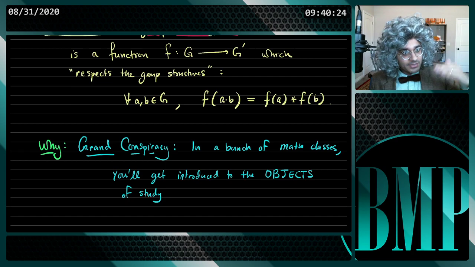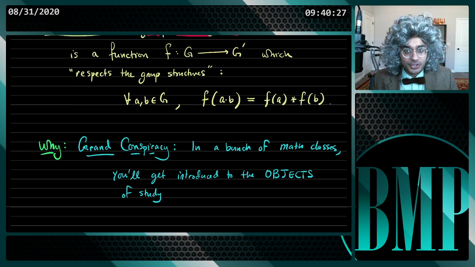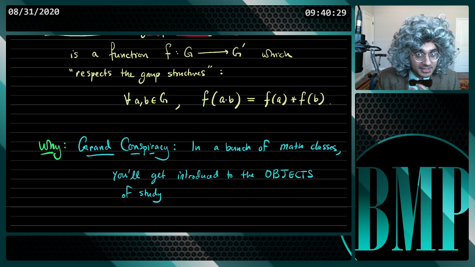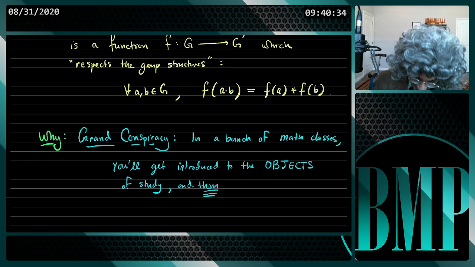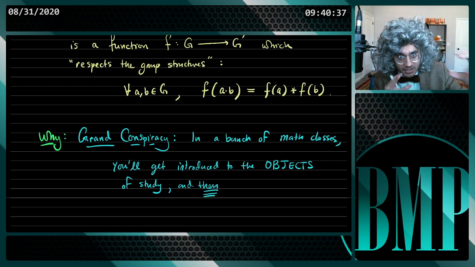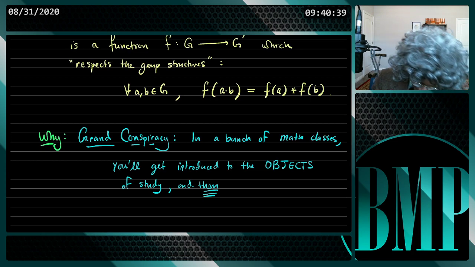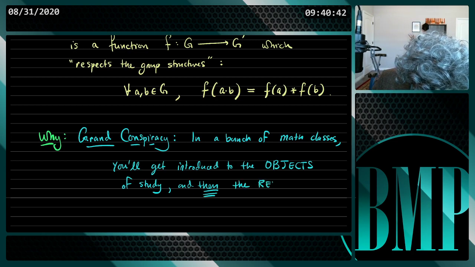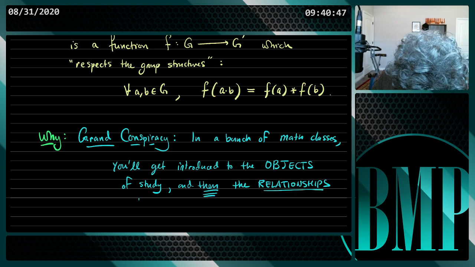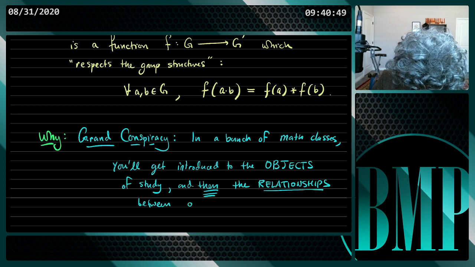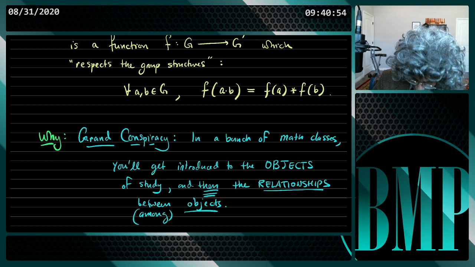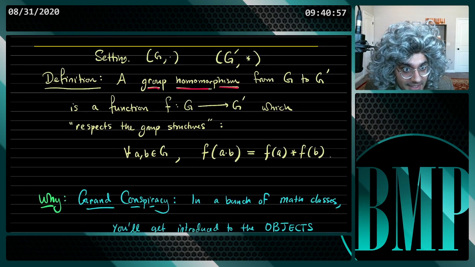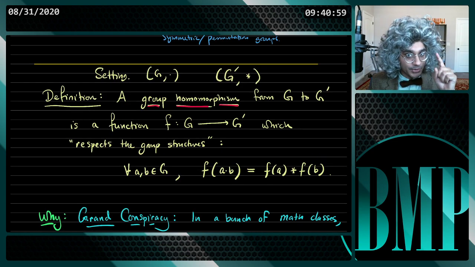And then, the next week, you'll get introduced to the relationships between those objects. And then, crucially, the relationships among all the different objects that you're studying. Between objects, or among the objects. Okay? And this group homomorphism concept is the relationship part.